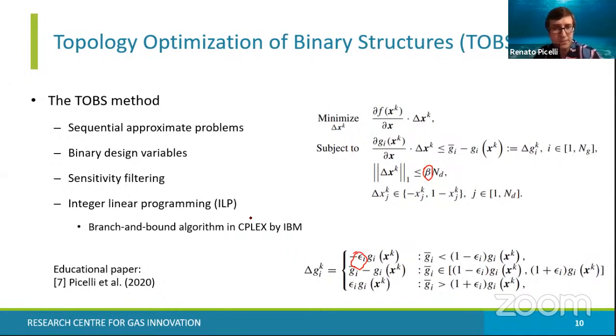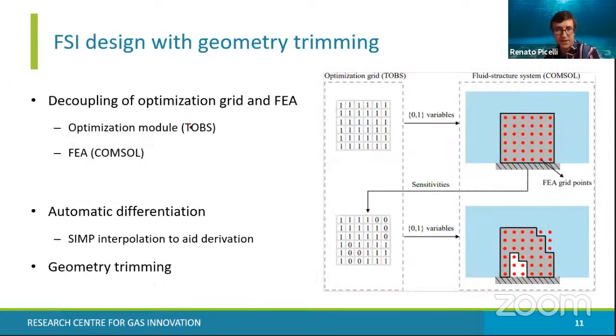You might ask if this is slow, but it is not so slow according to our observation. Of course, it is slower than MMA and other solvers for density-based methods, but the bottleneck is still the FEA simulation. We published an educational paper this year where you can find more details of this method. That is the standard form we use in TOBS.